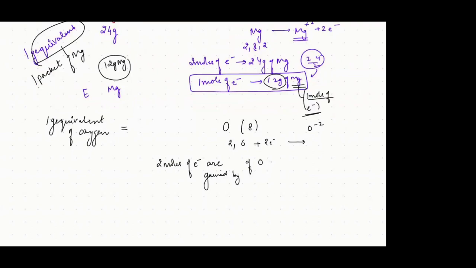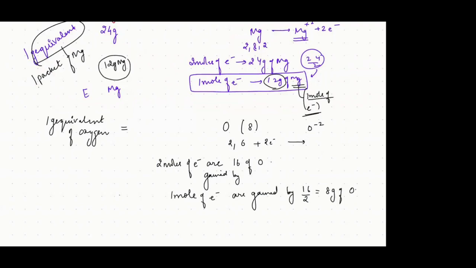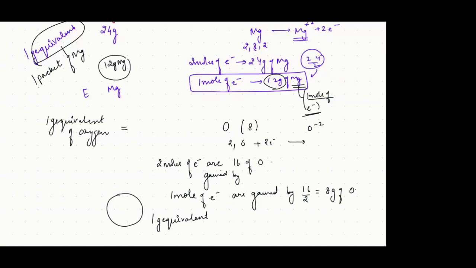So I would say 1 mole of electrons is gained by 16 by 2, that is 8 grams of oxygen. So I would make one packet, and I will name that one packet as 1 gram equivalent. So equivalent is a packet. So 1 gram equivalent of oxygen will contain how much mass?